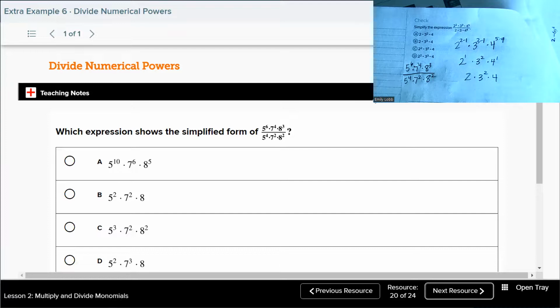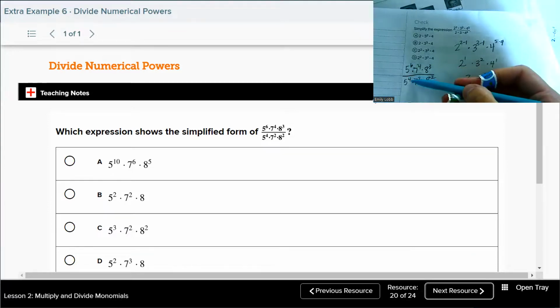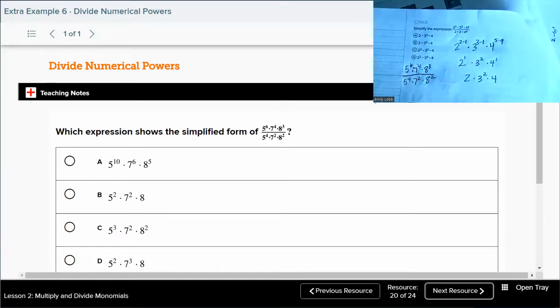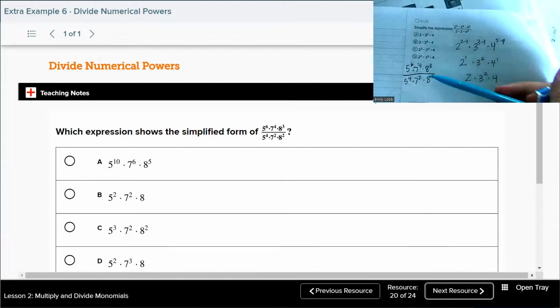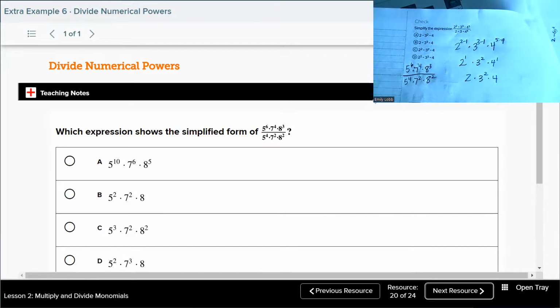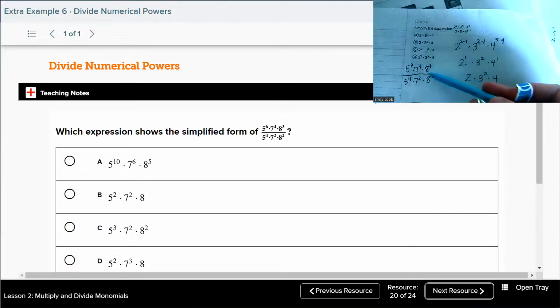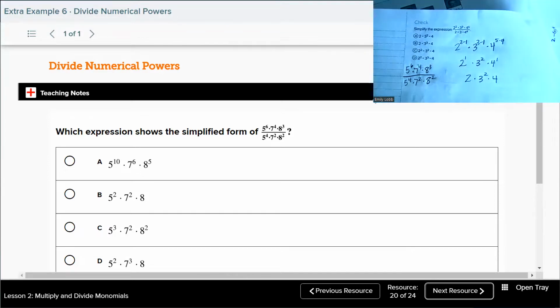So make sure you are checking that. So you're saying 6 minus 4 is 5 squared. So that narrows it down to B and B. And 4 minus 2 is to the 2nd power. So now it has to be B. We're just going to make sure 3 minus 2 is 1. So it's got to be B.